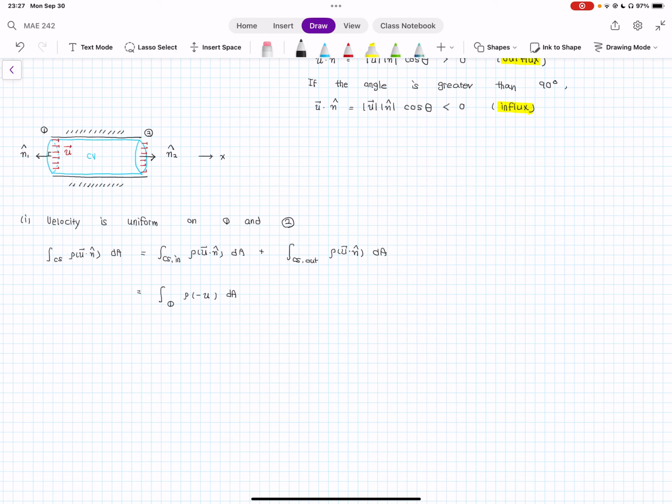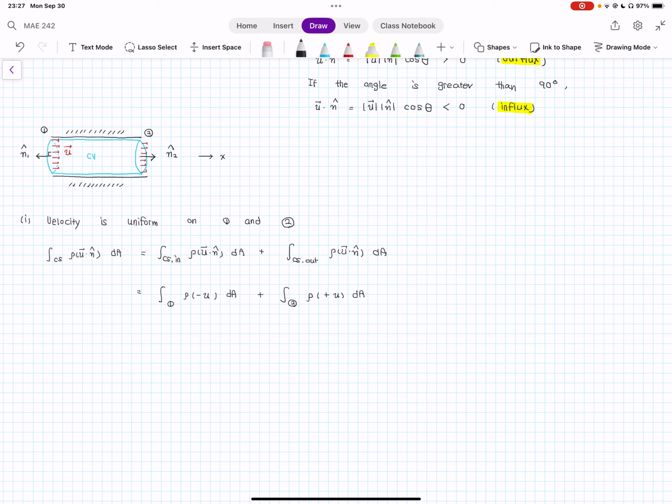Then cs out, on which I'm losing fluid particles, is going to be surface 2, with density. On surface 2, the red arrows indicating the fluid velocity point in the same direction as n2, the outward unit normal vector of surface 2. Then this term in the parentheses is going to be plus u times dA.